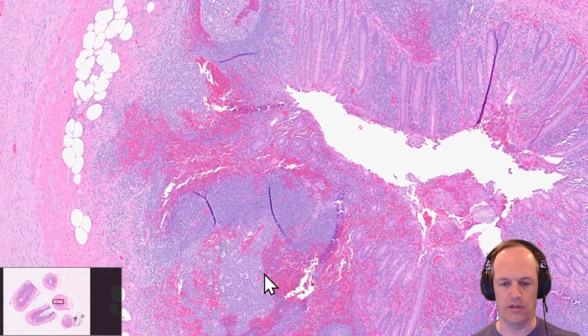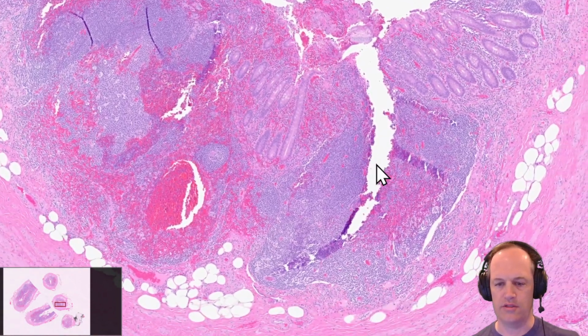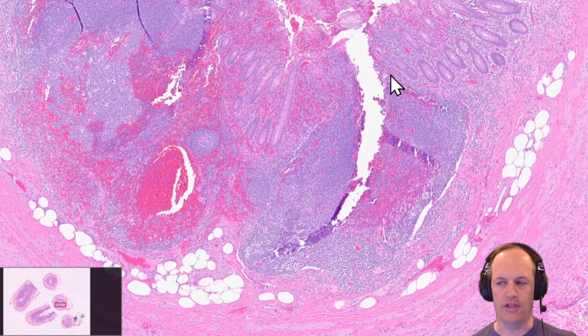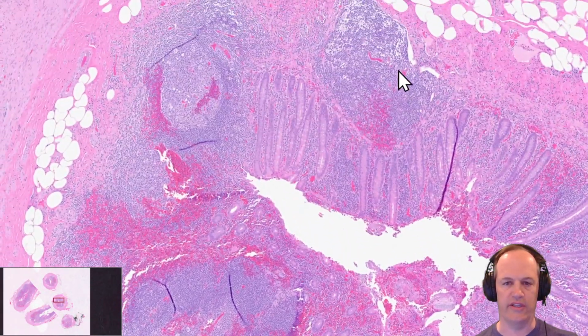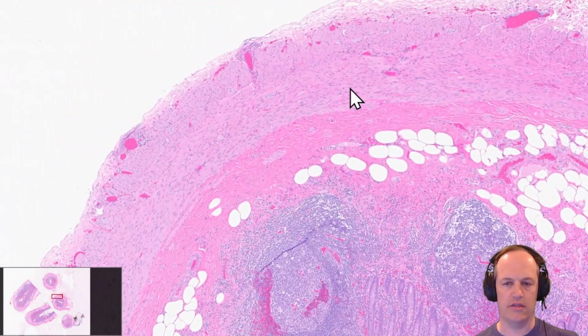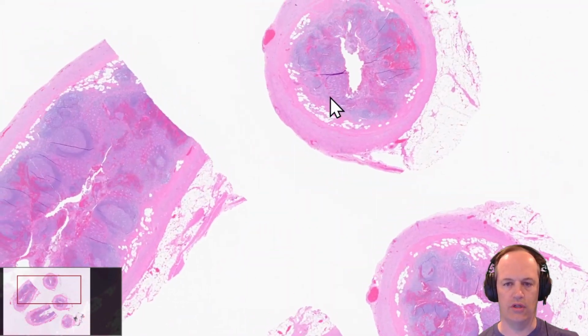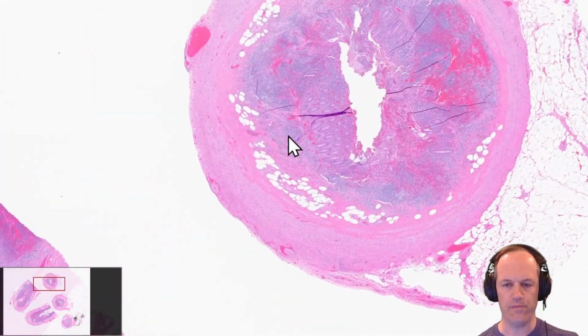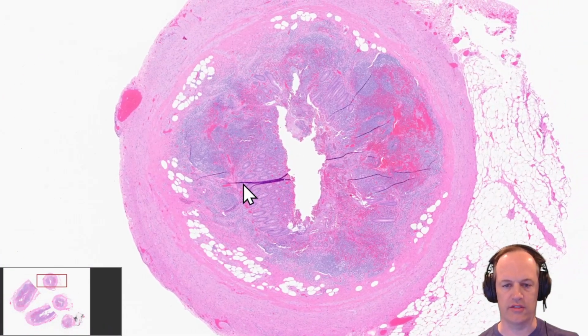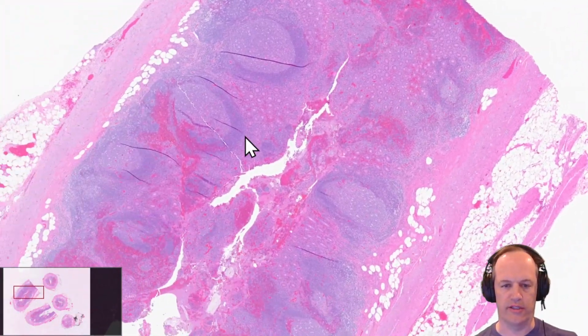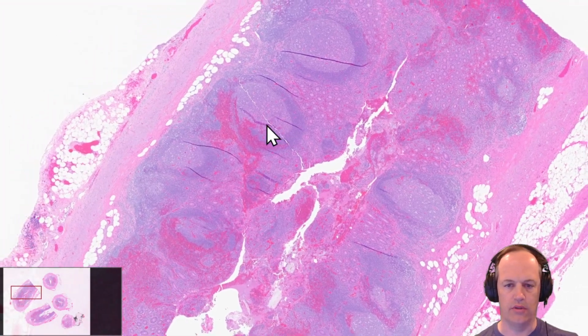There's a lot of germinal centers, and it looks a little bit like the lymphoid tissue you might see in the terminal ileum of a kid. In kids, they have a lot of lymphoid tissue in their intestine, particularly in the terminal ileum and the appendix. And you don't want to get concerned about this. It's not a problem. It's normal.